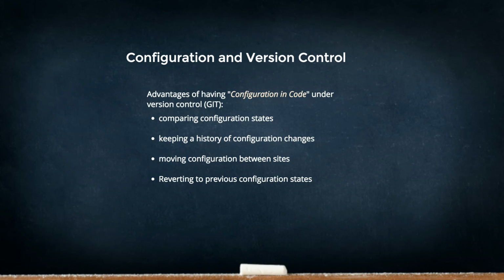Being able to compare configuration states: what was in my database, speaking about configuration, now compared to last week, or when someone did a change. Keeping a history of configuration changes is a good example as well.